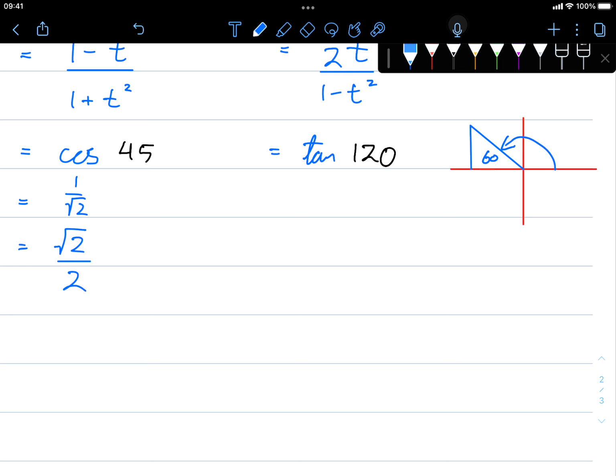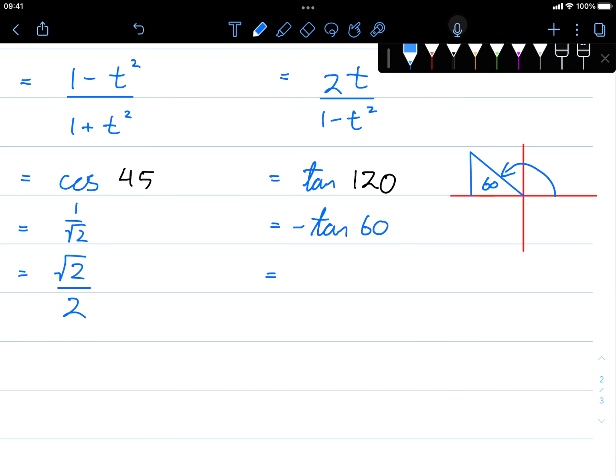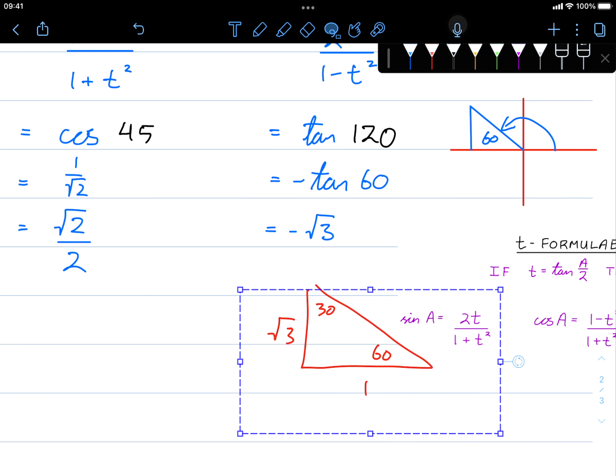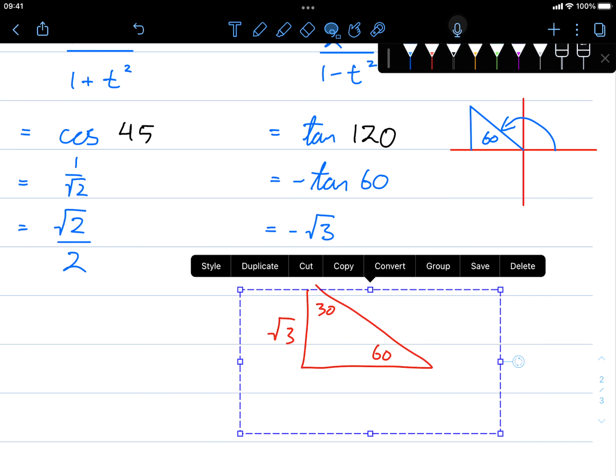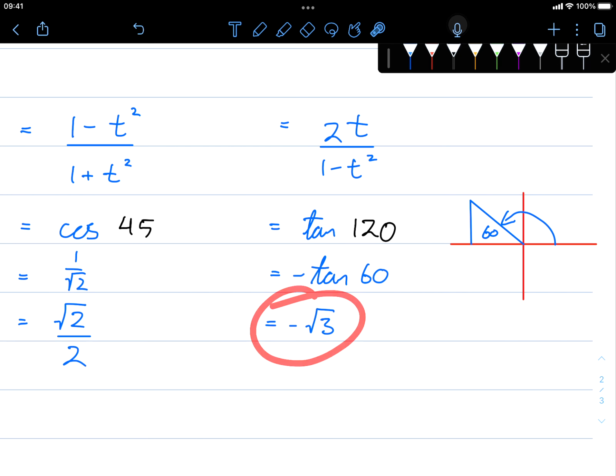So this is equivalent to negative tan 60 degrees, which is different to what we were calculating. This is going to be negative root 3 on 1. Let me just quickly double check this. 60, 30, root 3, 1. Yes, it's going to be root 3. So the true answer for this actually is going to be negative root 3.